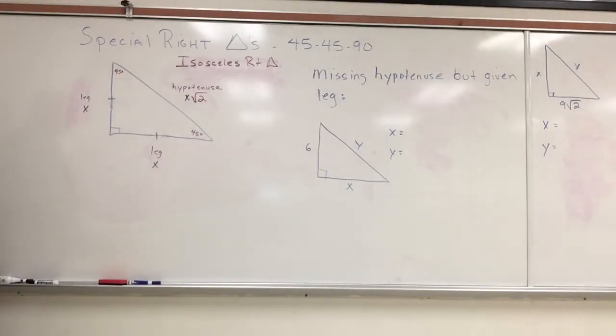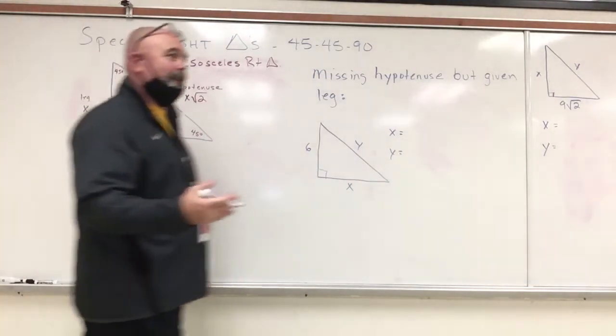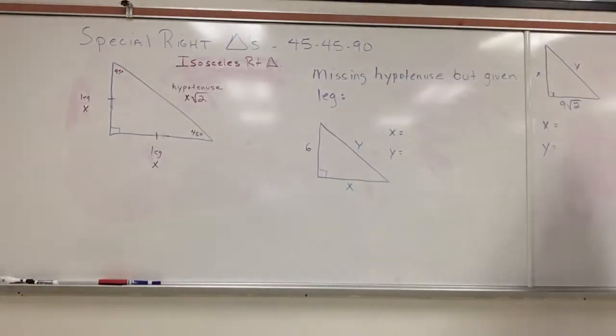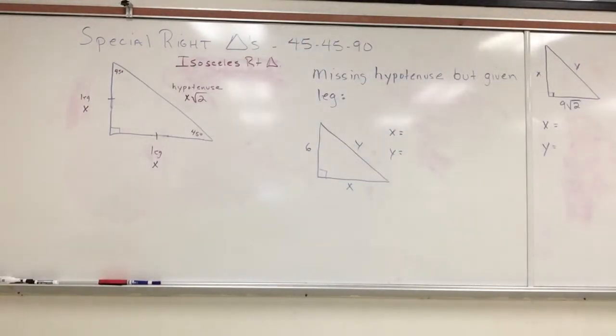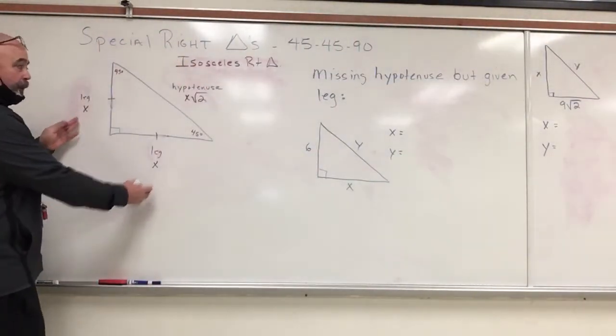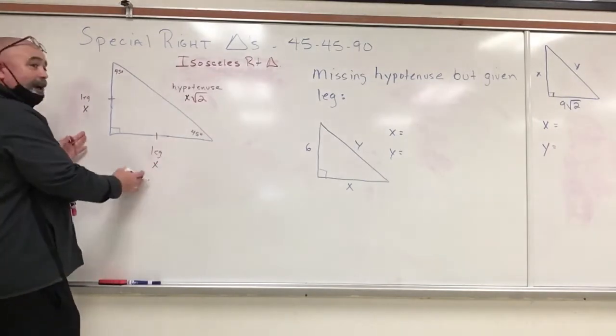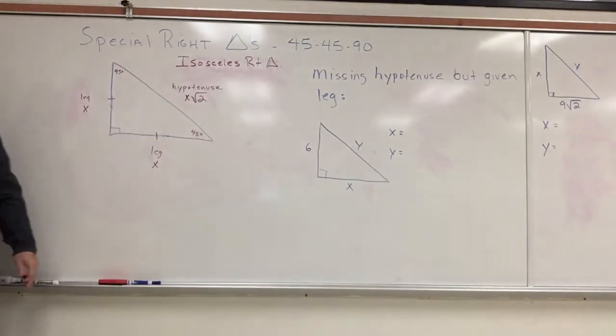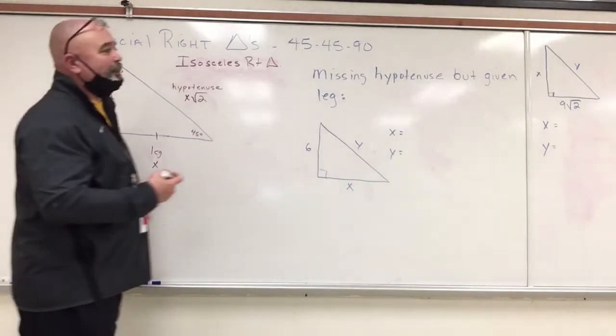That's why we talked about radicals, because we're going to put our answers in radical form, not in decimal form. So your leg is the same, and your hypotenuse is the leg times the square root of 2. Is everybody out there? All right, let's look at some examples.